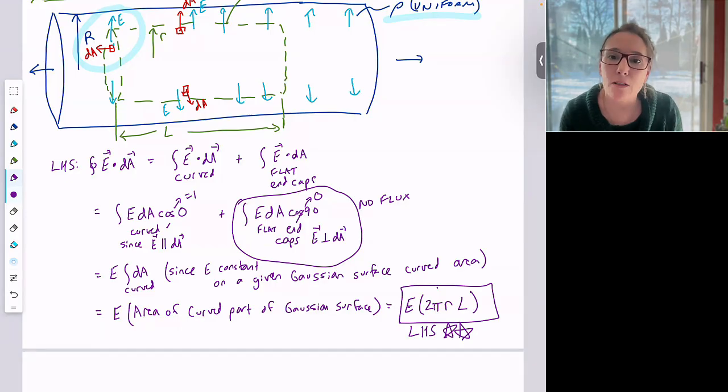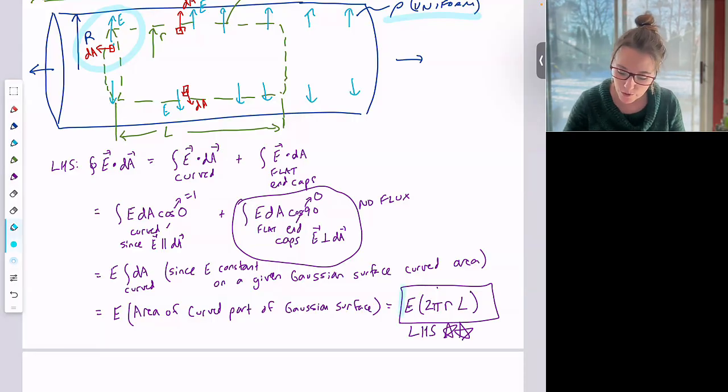And what we'll see is that's the left-hand side whether or not I'm inside or outside the object, because again, we're just talking about the flux lines through this. So this is an important result for the left-hand side of Gauss's law in cylindrical symmetry. Okay, so that's my left-hand side.